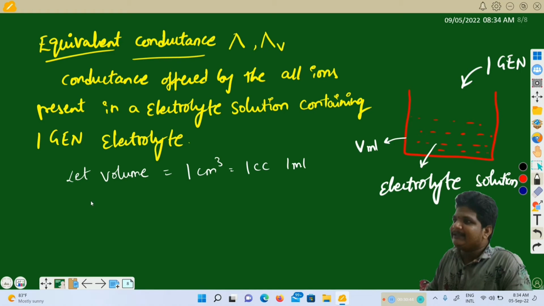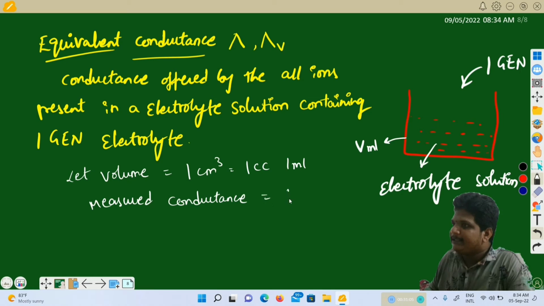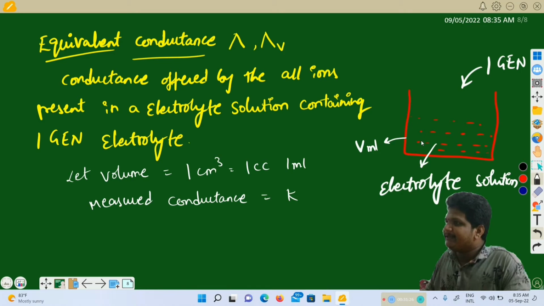If I measure the conductance of this electrolyte solution, the measured conductance is equal to the specific conductance, that is kappa.